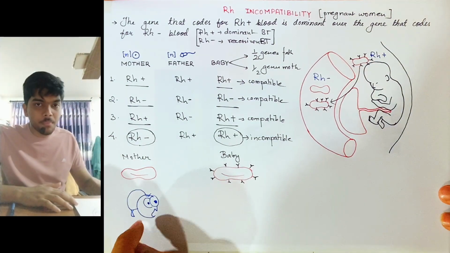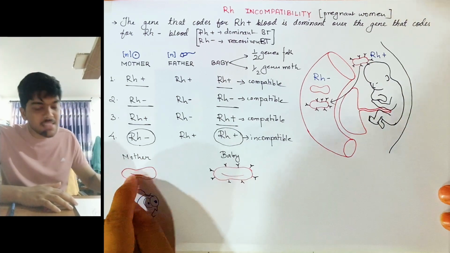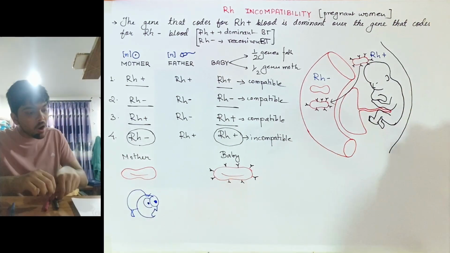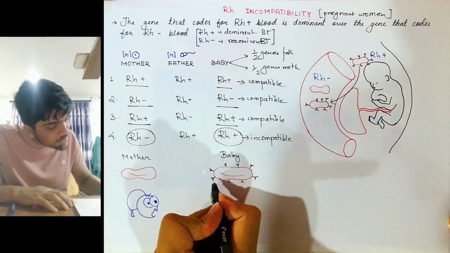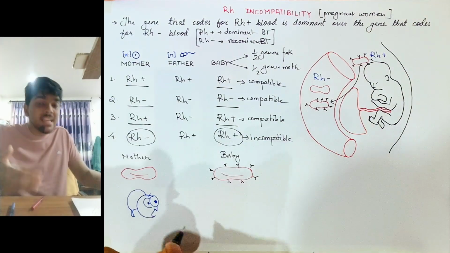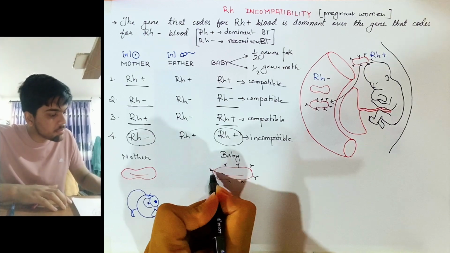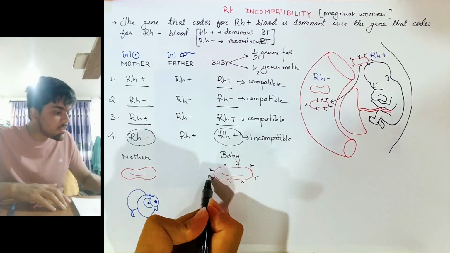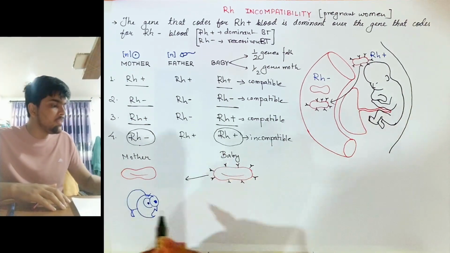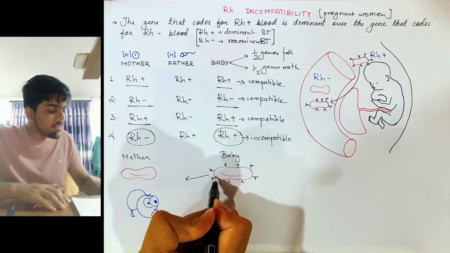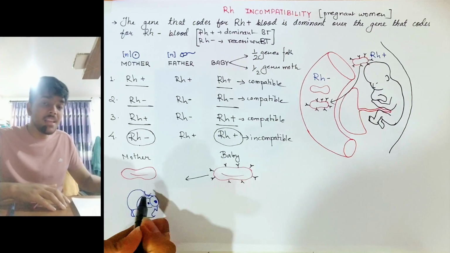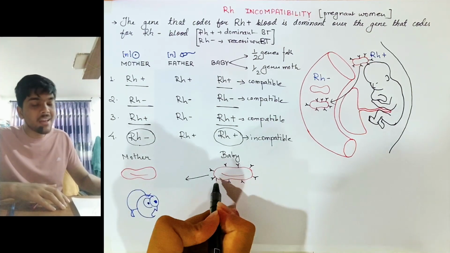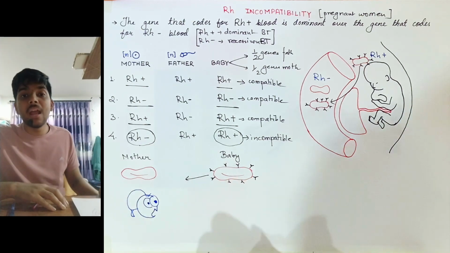The immune system of the mother does not recognize these Rh antigens because it has never seen the Rh antigens. But when the blood of the baby enters the blood of the mother, the immune system detects these Rh antigens, and since it doesn't recognize them, it takes these Rh antigens as its enemy.